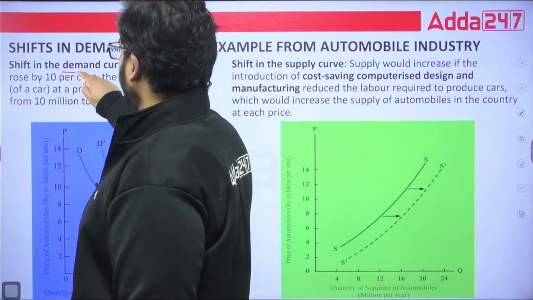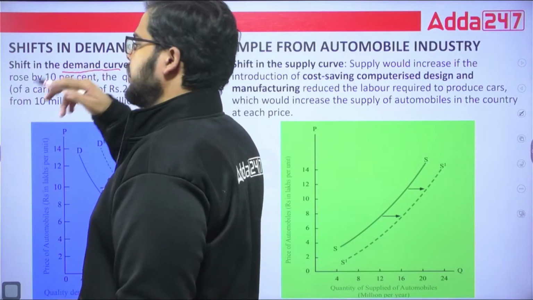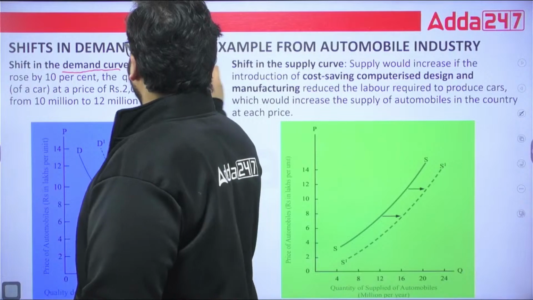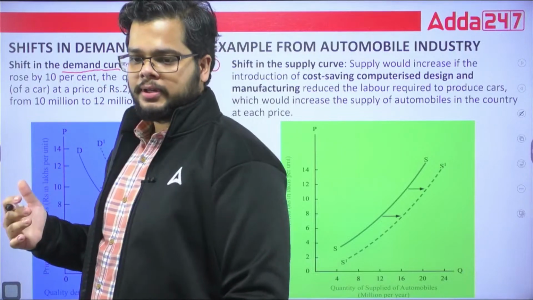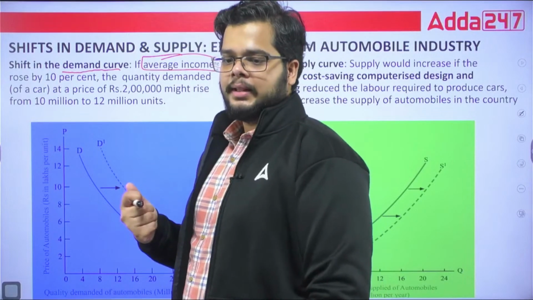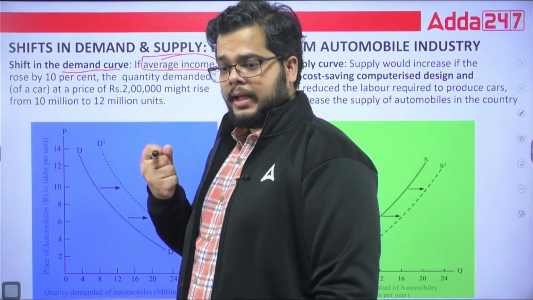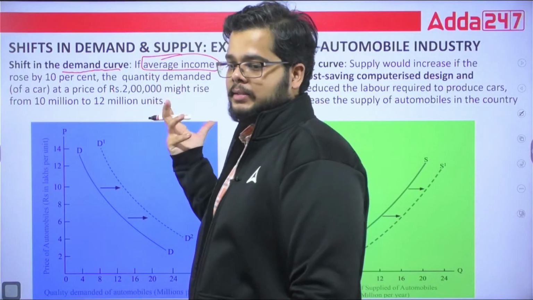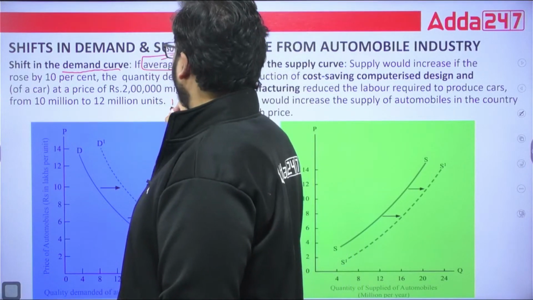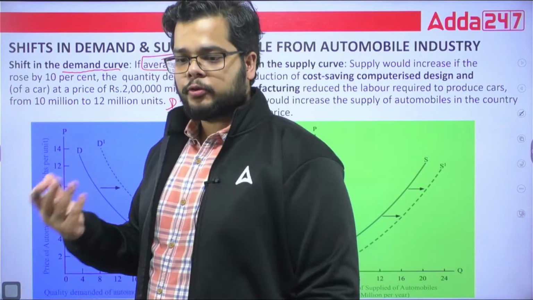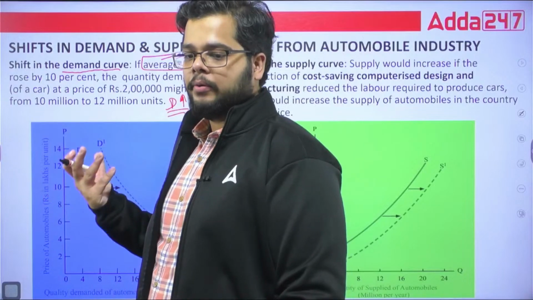When we talk about a shift in the demand curve, consider the average income of the consumers, because in demand we talk about consumption, the consumers paying the money. If their income has increased, they will demand more. They will say, yes, we can now spend more, we will buy a car now.